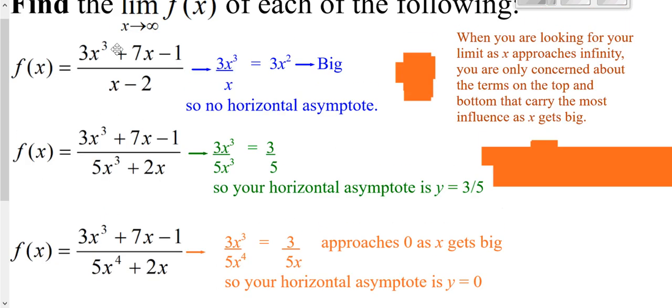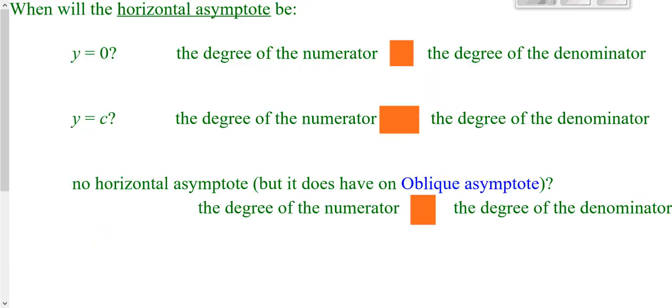So if the top has a bigger power than the bottom, we have no horizontal asymptote. If they have the same degree, we have a horizontal asymptote of y equaling a number other than 0. However, if the bottom has a bigger power than the top, we have a horizontal asymptote of 0. And that's what we're talking about here.